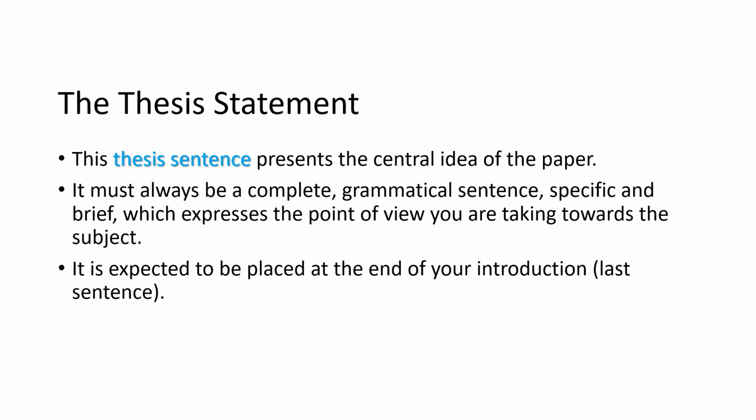It must always be a complete grammatical sentence, specific and brief, which expresses the point of view you are taking towards a particular topic or subject. Its expected location is the end of the introduction. It should be the last sentence of your introduction.